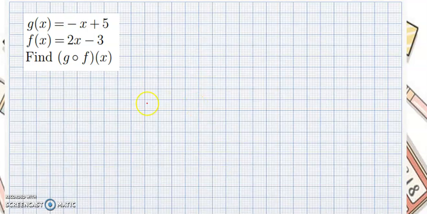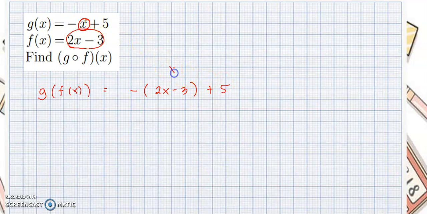Next example will be the other way around. We wanted to know g of f of x, meaning you will insert f of x into this part. So this would be negative, then x would be 2x minus 3, plus 5.